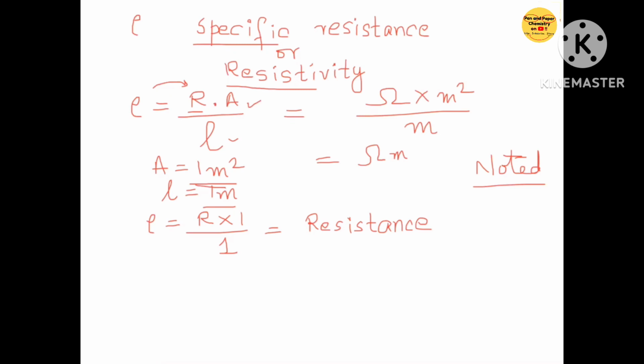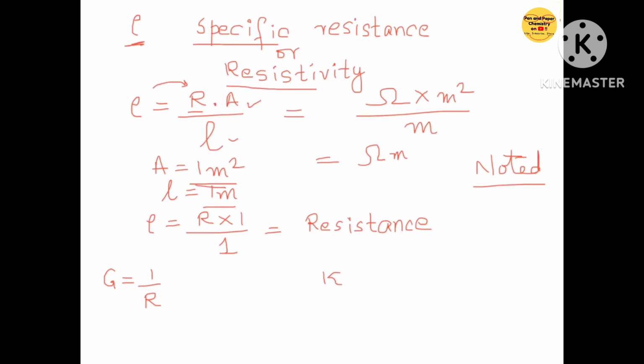Now, just like we had the reciprocal of resistance as conductance, so G is equal to 1 upon R. Similarly, there is a reciprocal to specific resistance or resistivity as well, and that is called specific conductance or conductivity, denoted by the symbol kappa.